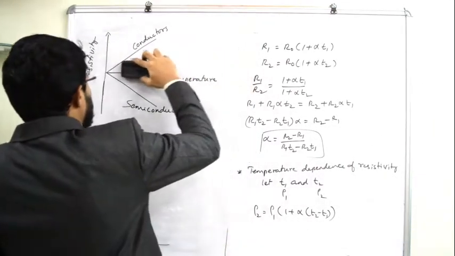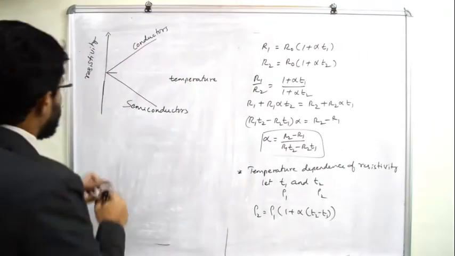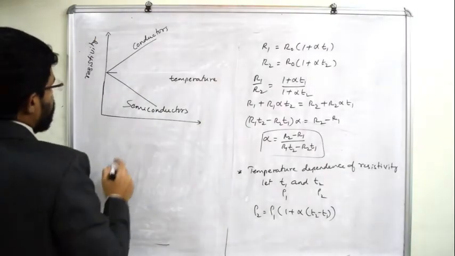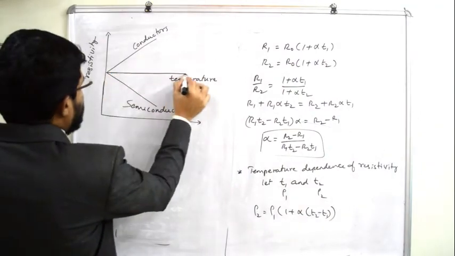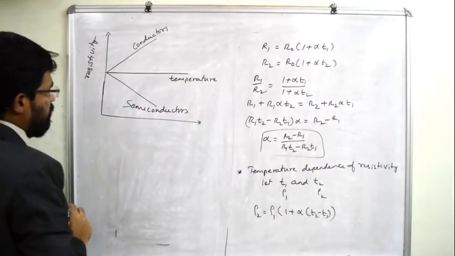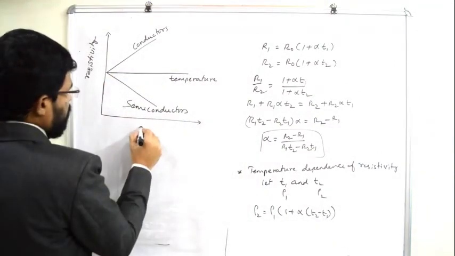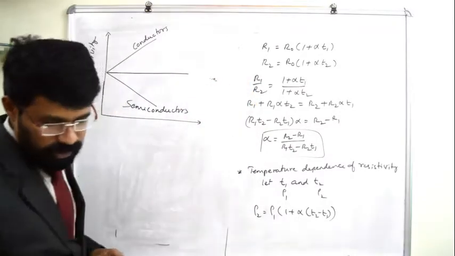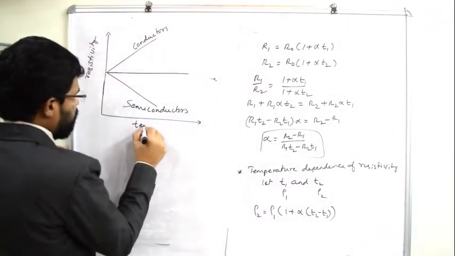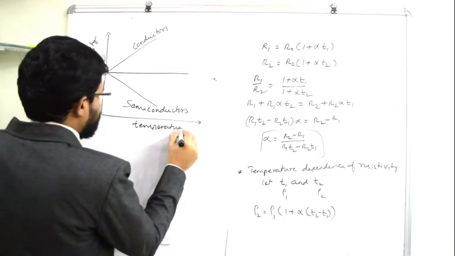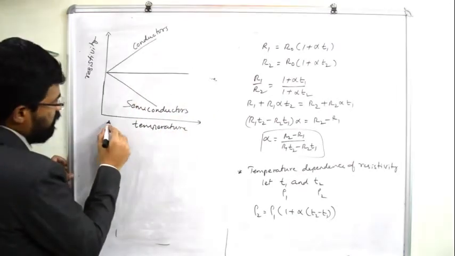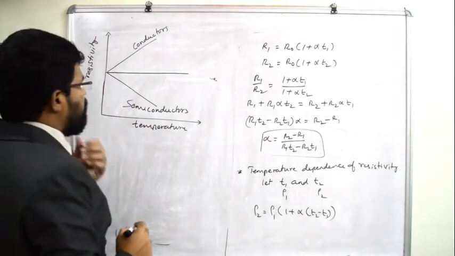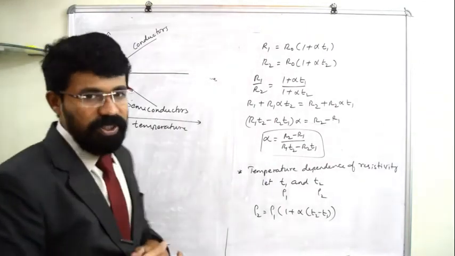I will change the position of this axis and take it somewhere here. Now, along this line, you can have one more category of materials. If I have drawn a straight line, what does it mean? Though the temperature is increasing, the resistivity is not increasing. So for this category of materials, temperature is increasing but resistivity remains constant. You can call these kinds of materials alloys.